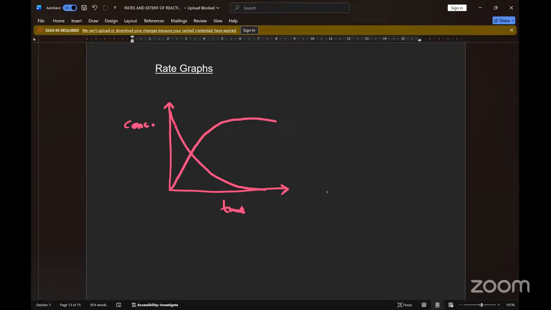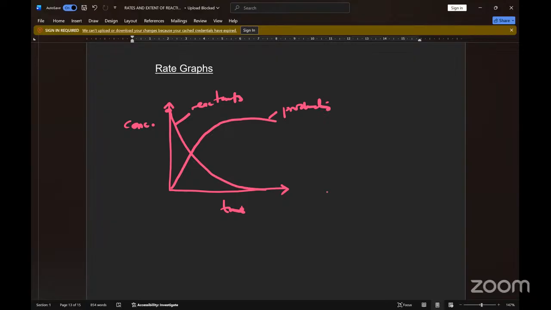This graph represents what happens with the reactants. And this one represents what happens with the products. So what do we mean by this? When the reaction progresses, at the beginning of the reaction, the concentration of the reactants is at its maximum, at its peak here. But as the reaction progresses, the reactants are used to form products.